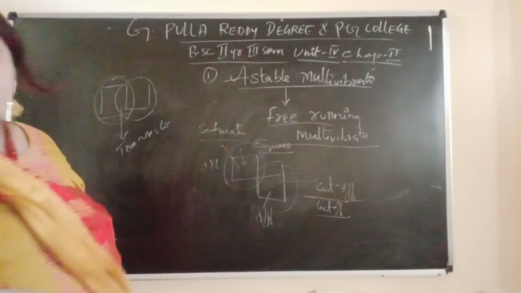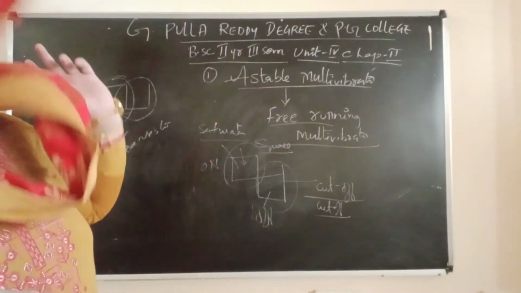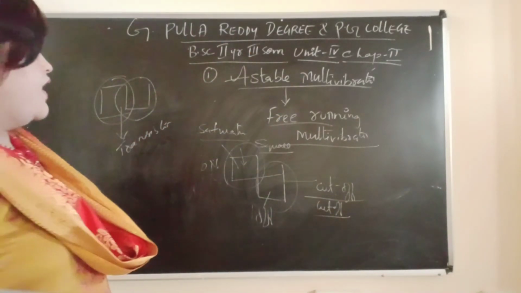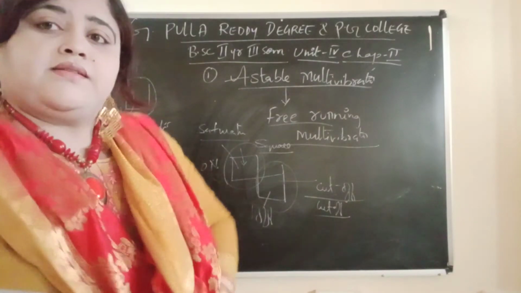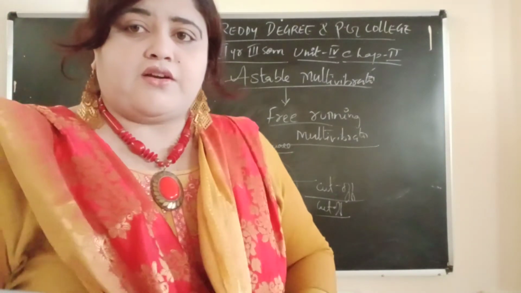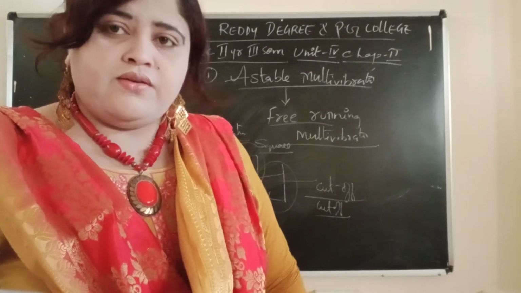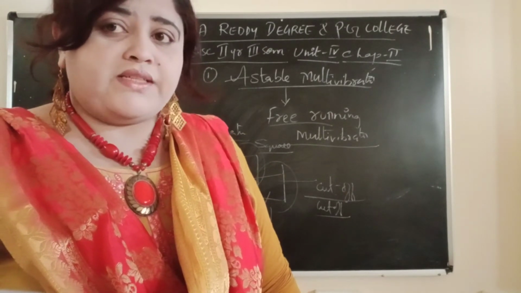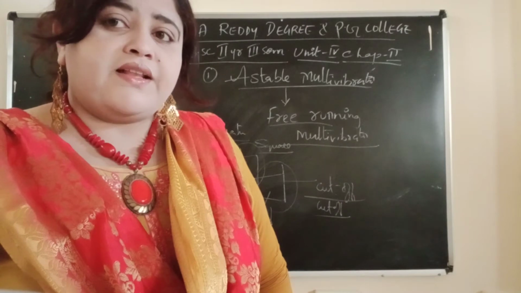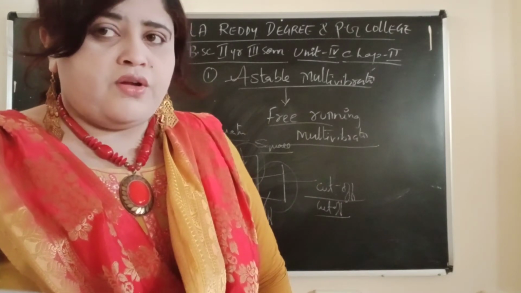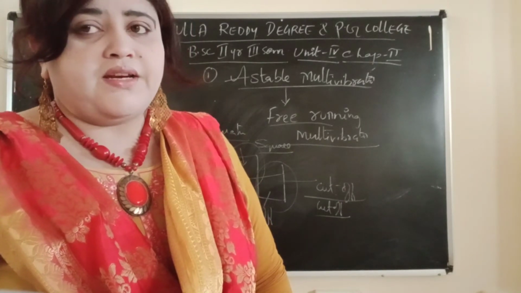The transistor is in cut off state. When on means saturation, off means cut off. So when the transistor is in saturation, what is happening to the voltage and current, and when the transistor is in cut off, what is happening to the voltage and current, we will see now.